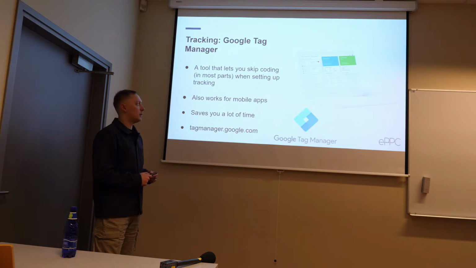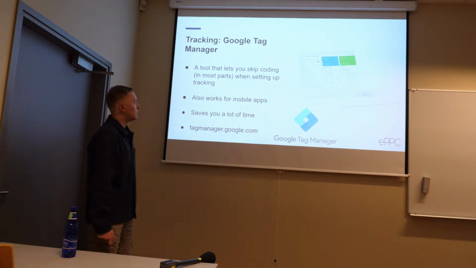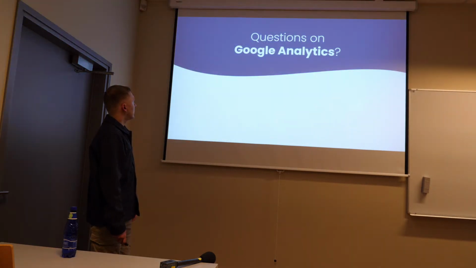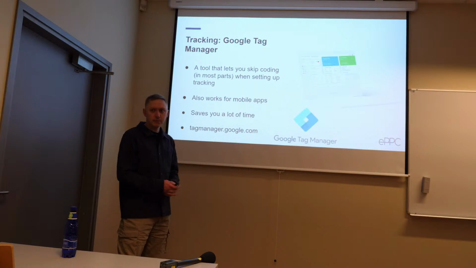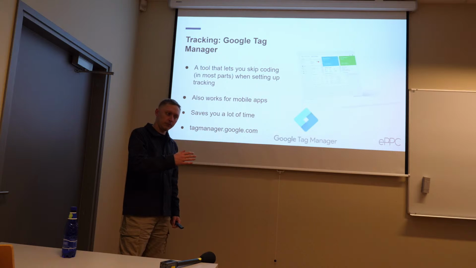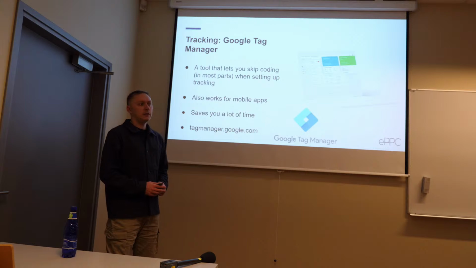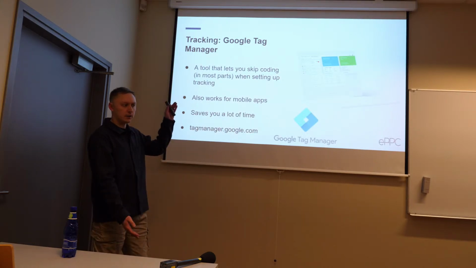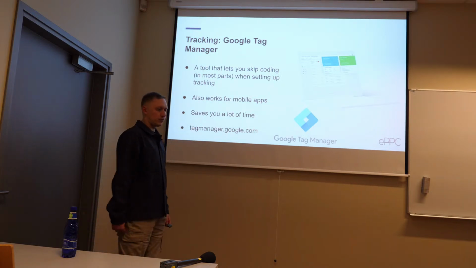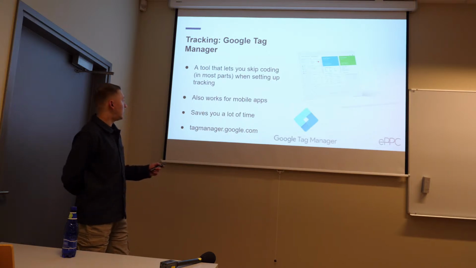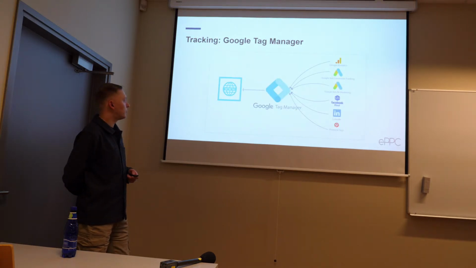Before the Tag Manager was released, you basically had to paste snippets of code into the source code of your web page, and you had to know at least HTML, you should be a developer. If you have 10 different tracking codes on your site, then it might get a bit tricky. But Google Tag Manager does this all for you.